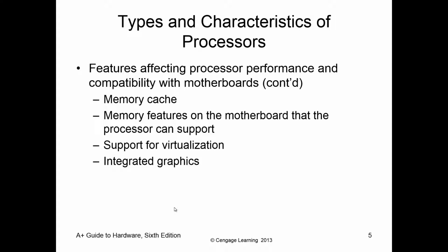You'll normally find this if there is no dedicated video card. If it's a built-on video card, it's integrated graphics typically. However, if there is an add-on or third-party video card, it'll be not integrated. Essentially, where is the graphics being processed? Is it on the card or on the processor?